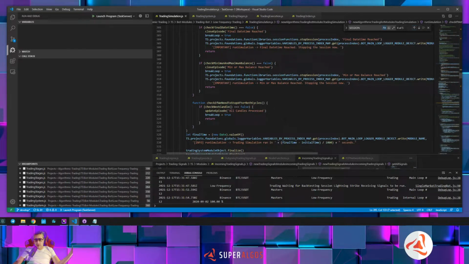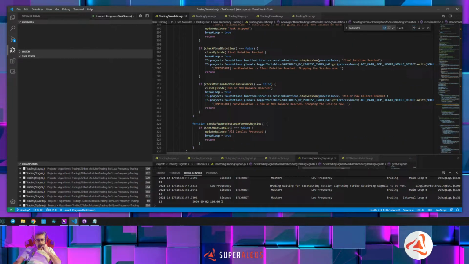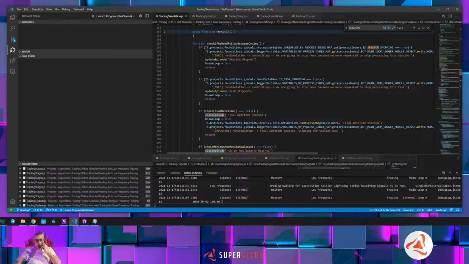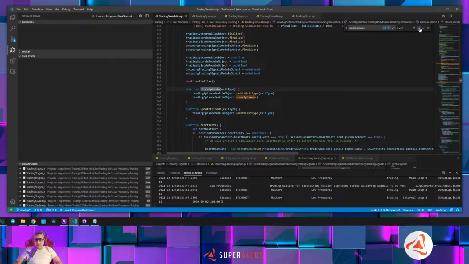What is it that we need to do? It looks like we need to close the episode if we are leaving, for instance. Maybe the close episode function does something relevant. Update exit type of the episode.